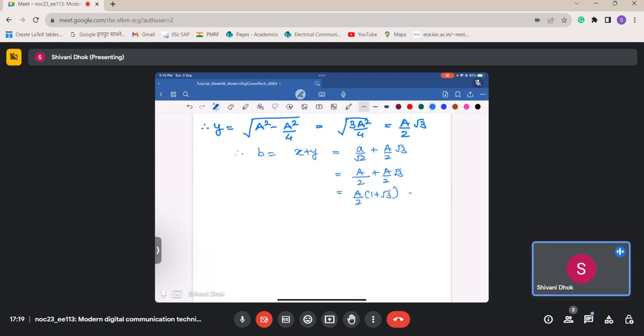So what do we have? a is equal to capital A by root 2, and b is equal to a by 2 into 1 plus root 3.